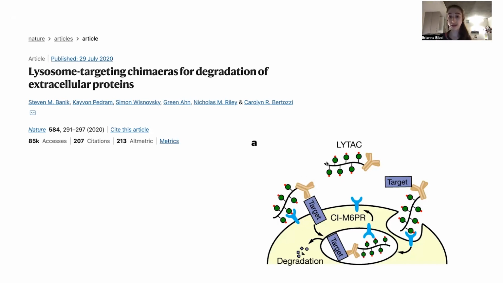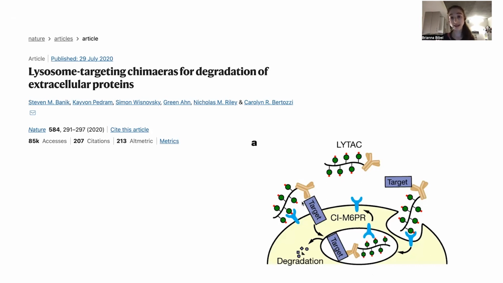This glycan is a ligand, so it binds to a receptor on cells, and this receptor then gets trafficked into a lysosome, this internal cellular component where degradation can occur.